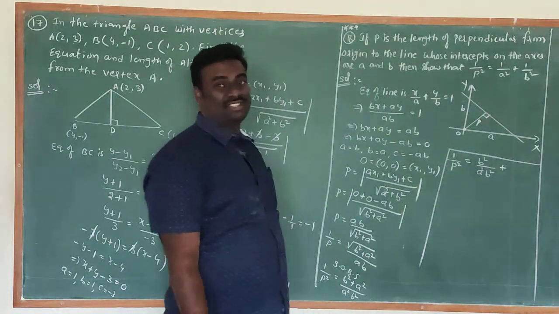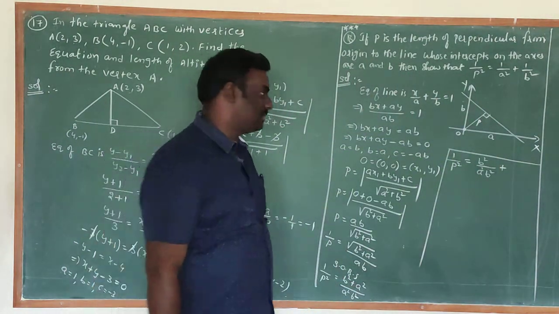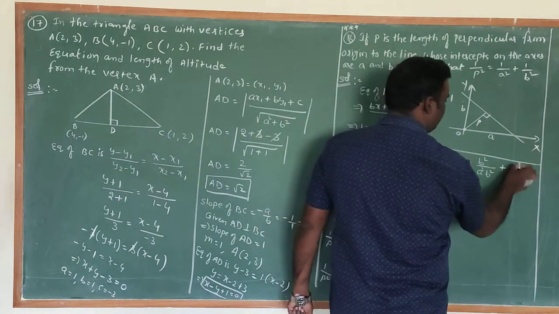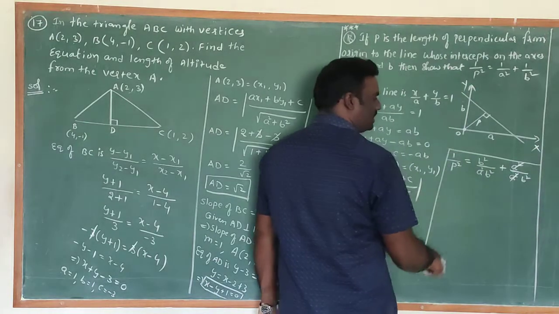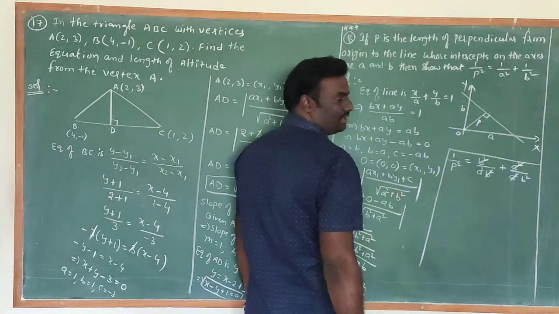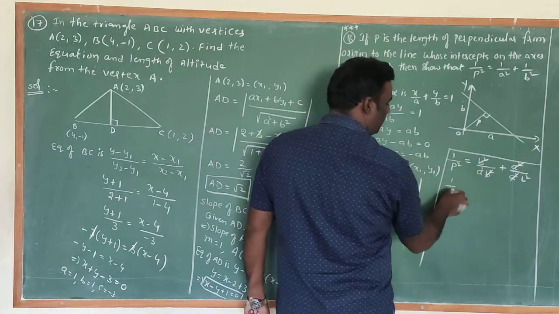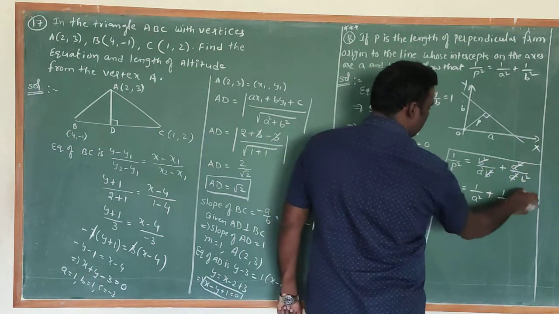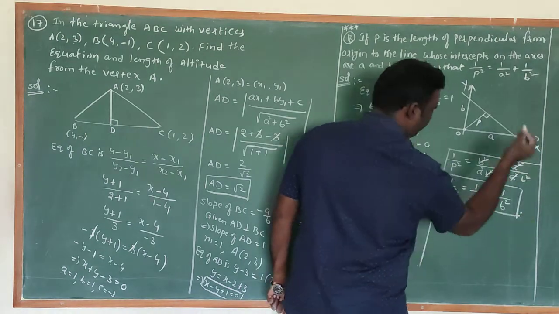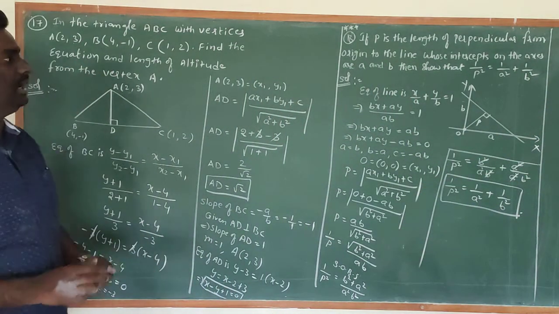Next, the term in numerator A square by A square B square. Now here A square cancels, here B square cancels. Finally we got 1 by P square equals 1 by A square plus 1 by B square. This is the condition.